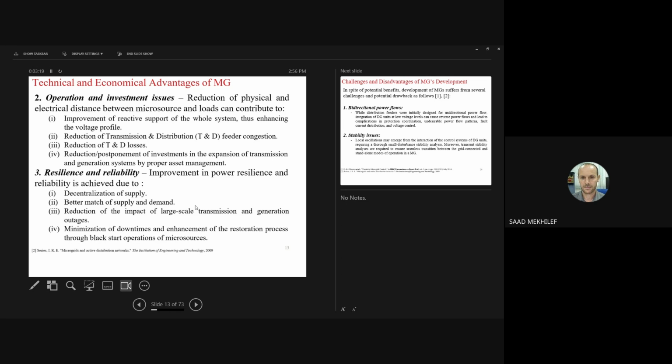Resilience and reliability: that actually will help to improve the resilience and reliability of the power because of decentralized supplies. Because of decentralized control, it better matches the demand since it's close to the load, reducing large transmissions, and also reducing downtime.